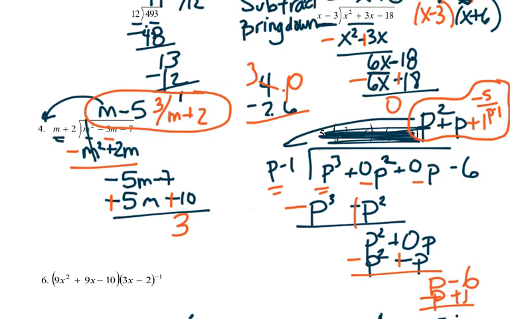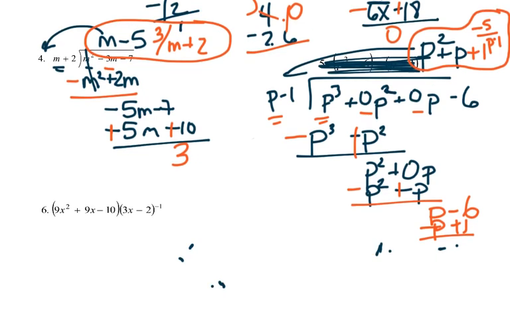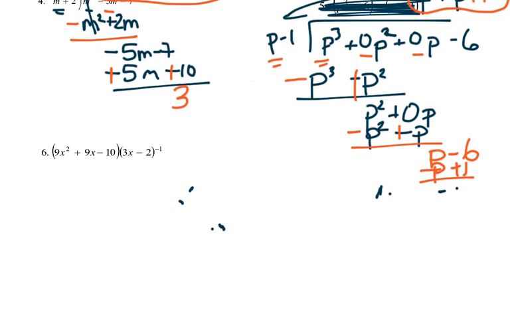Phew, right? That's a lot. Last one here has a 3x minus 2 to the negative 1 power. The negative 1 power, you remember, means it belongs in the denominator.